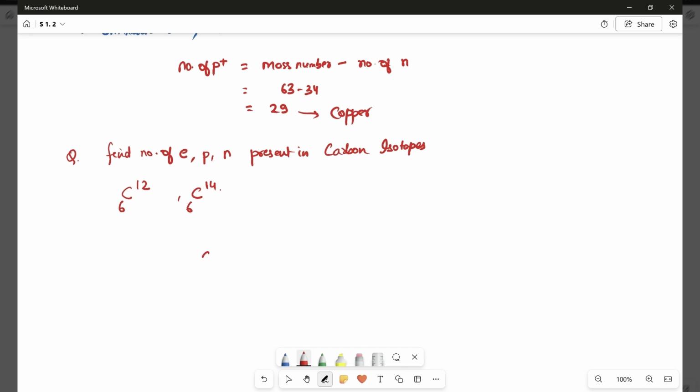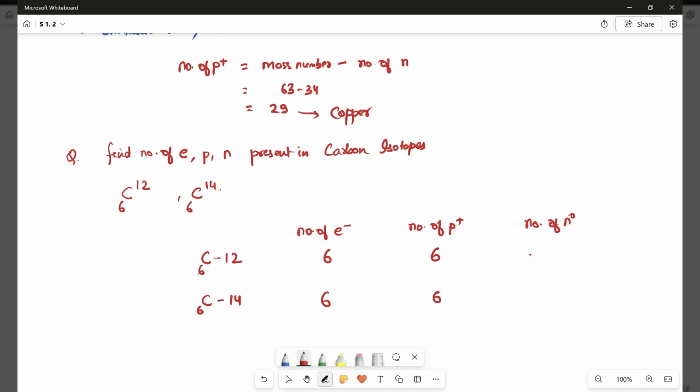So for carbon 12, number of electrons, number of protons, number of neutrons, and for carbon 14, both have atomic number 6. Whatever the number of protons is, the atomic number, so I can write 6. The number of electrons will be the same, because whatever number of protons is there, the same number of electrons will be there. So I will write 6 here, right?